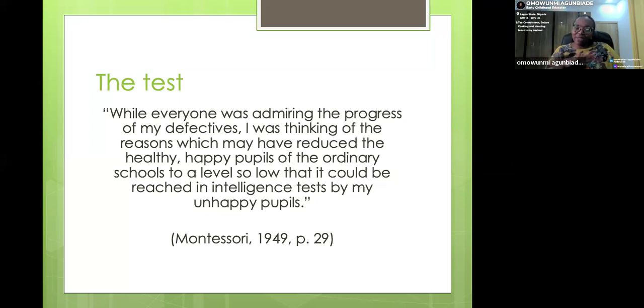So that's what I just shared with us. People were so happy when they saw the result of the special needs children. But Maria Montessori said there's no big deal in what happened. If these other children could experience what the special needs children experience, then they will do way better.